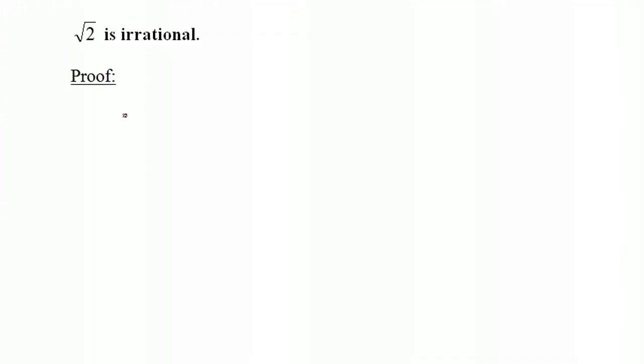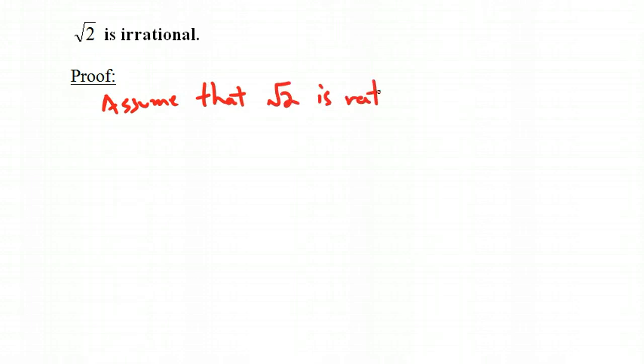All right, now to prove that the square root of 2 is irrational, we're going to do a proof by contradiction. Okay, so we're going to assume, by way of contradiction, that the square root of 2 is rational. Okay, it's a rational number.